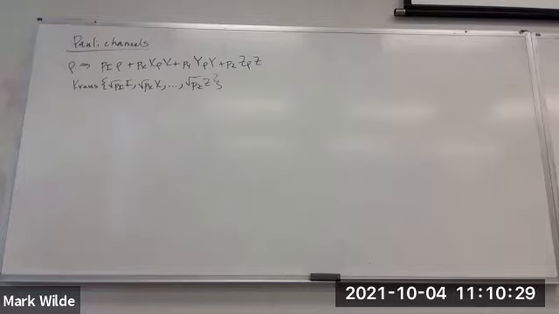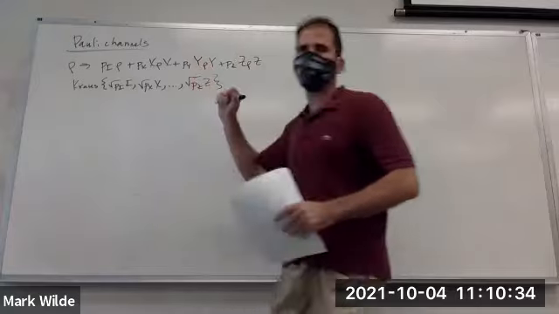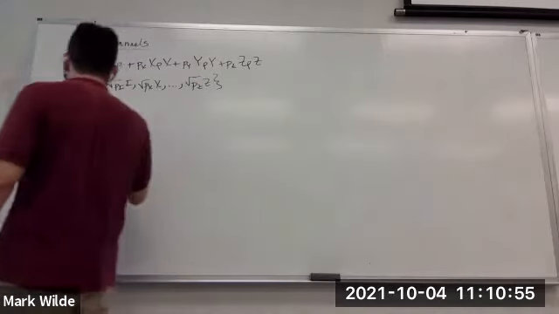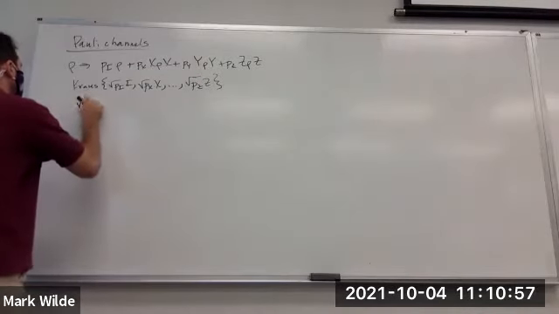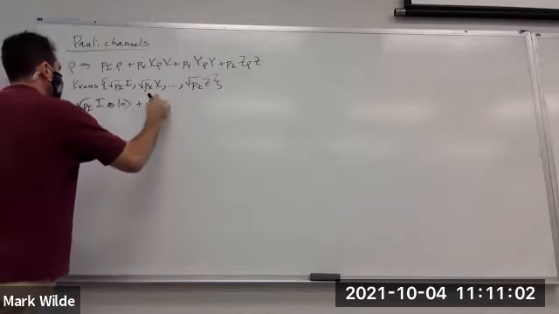So if we take an isometric extension of a Pauli channel where all these probabilities are strictly greater than 0, what's the minimal size of the environment? Four is correct, yes. So the canonical construction would be this. You put a label and then that.